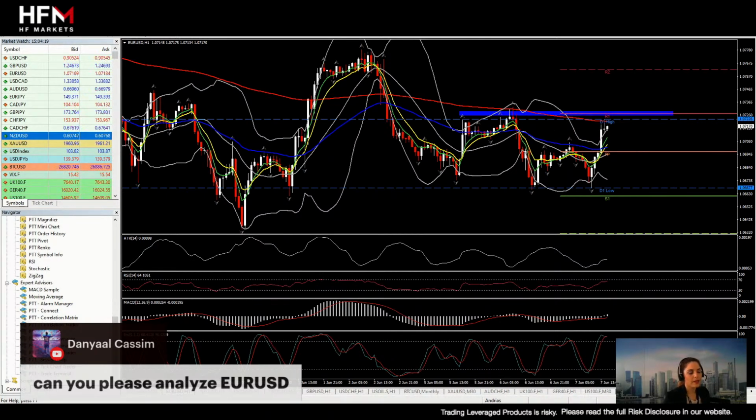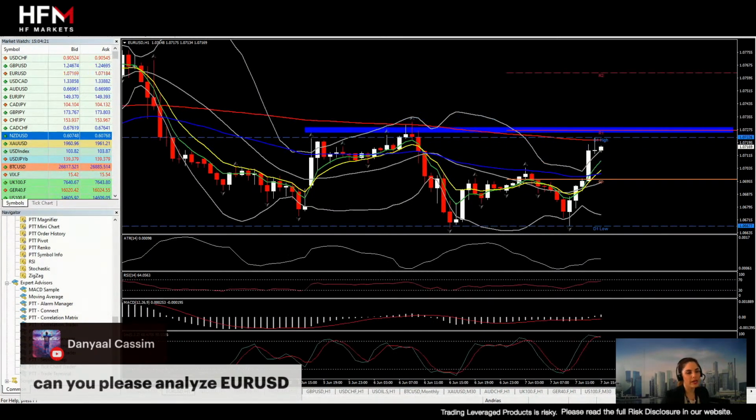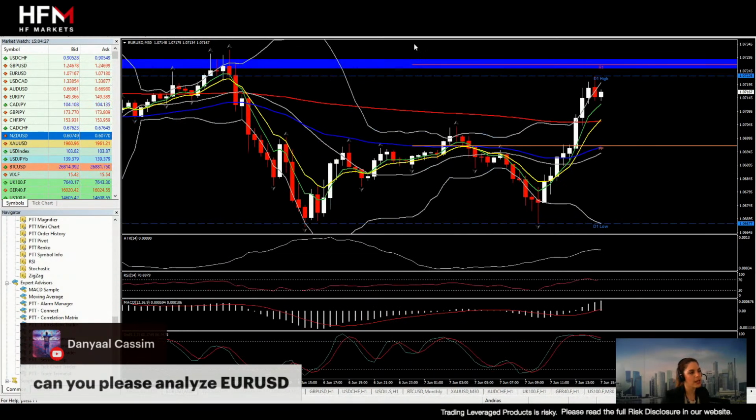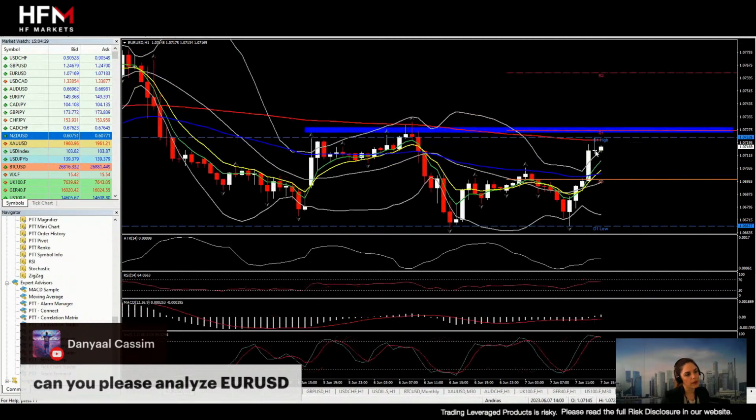For the time being, it seems that this rebound is running out of steam. So keep an eye on how this hourly candle will close because it might indicate an evening star formation, or, as I said, a further boost to the upside could open the doors to the 1.0750 or 1.0770 territory and Friday's highs as well.